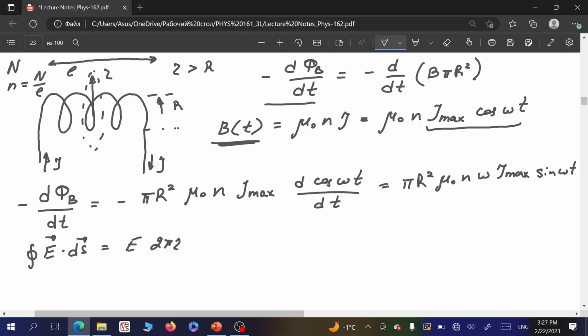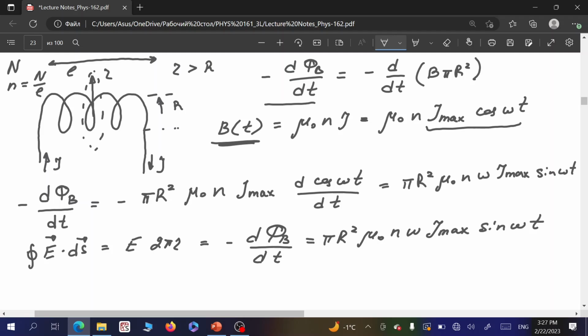So that will be equal to minus dFB over dt. And we already have found it. So this is pi capital R square mu naught times n omega I maximum sine omega t.